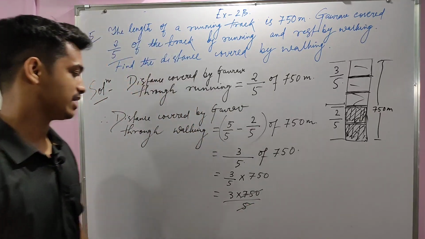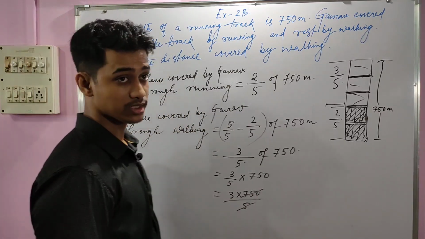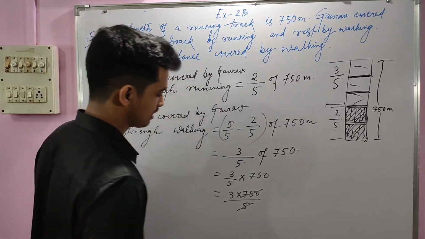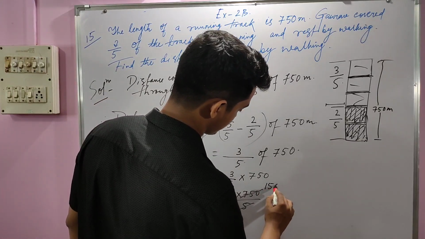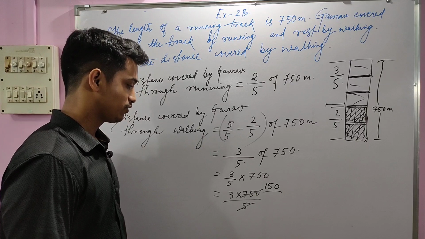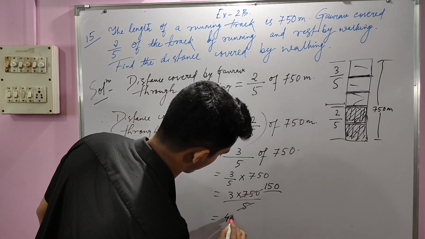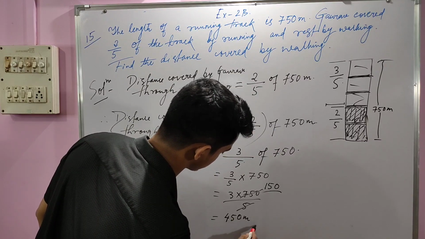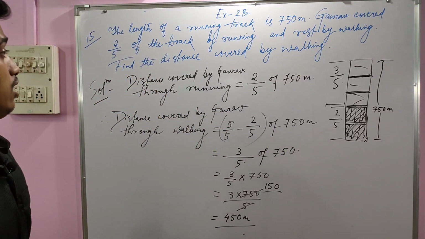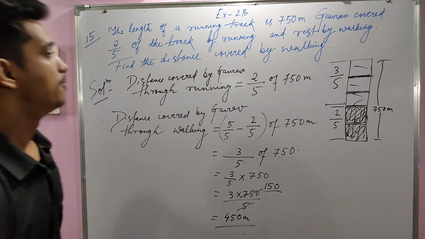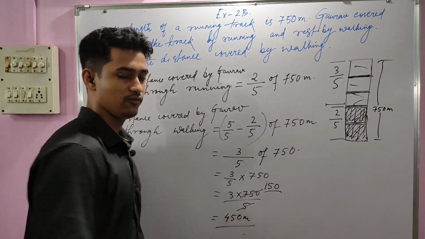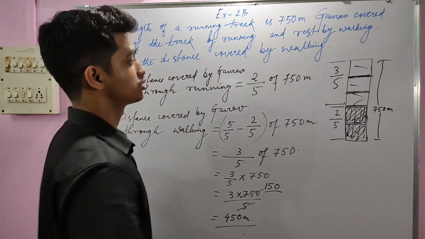So 750 by 5 is basically what? 15 into 5 is 75. So 150 is in the numerator, and 150 into 3 is basically 450 meter. So the distance Gaurav covered by walking is basically 450 meter.